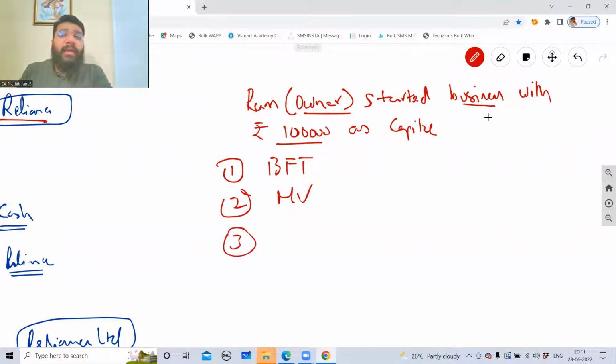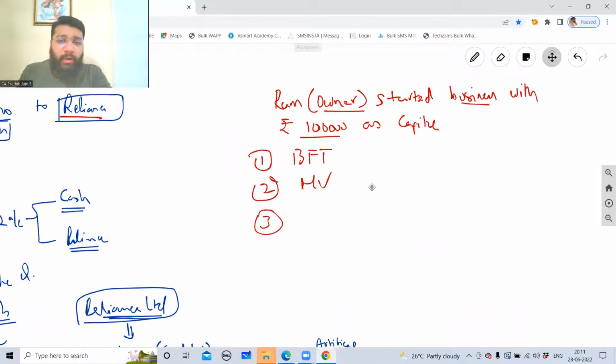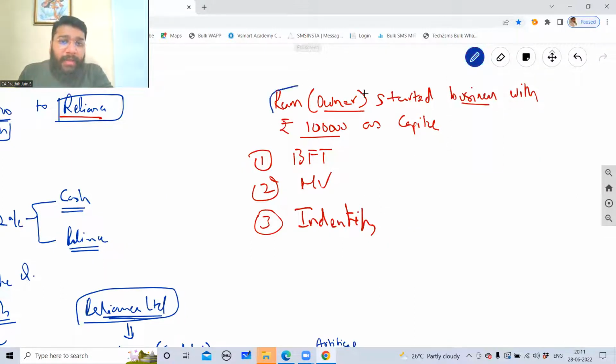Third, I need to identify the two accounts. The third step is identification of two accounts. So please tell me, guys, which two accounts will be identified to be recorded? Ram and capital. Ram, because I need to remember to repay this money back to Ram in future. So Ram is a liability for me, more specifically, an internal liability.